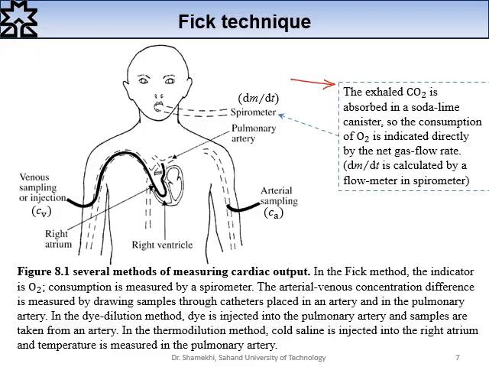The exhaled CO2 is absorbed in a soda lime canister, so the consumption of O2 is indicated directly by the net gas flow rate. And dm divided by dt is calculated by a flow meter in that spirometer, which you can use in the Fick technique.